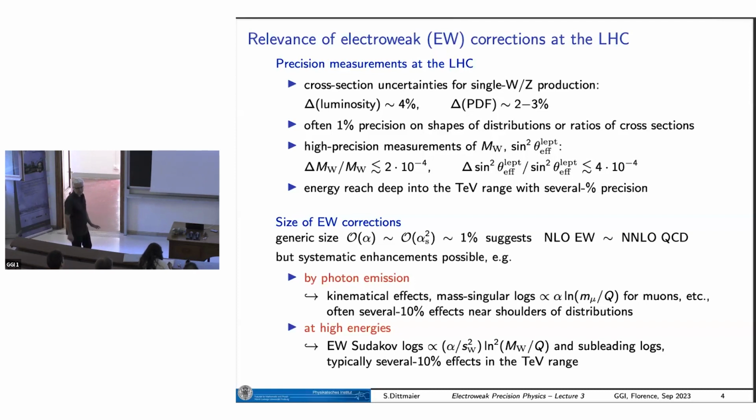This is a large factor. And I've mentioned already these high energy enhancements, which are due to soft and collinear exchange and emission of W bosons. Maybe I can come to this later. Okay, the wrap up here is just that electroweak corrections are not as small as they might seem, and certainly important and relevant.